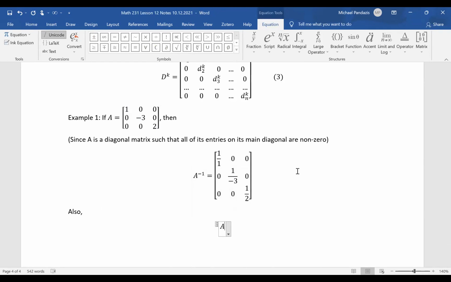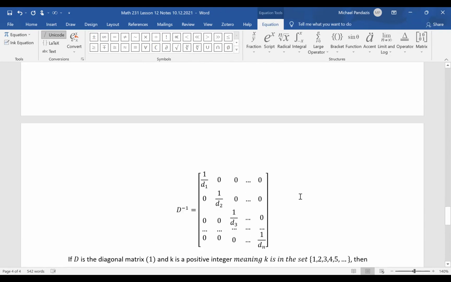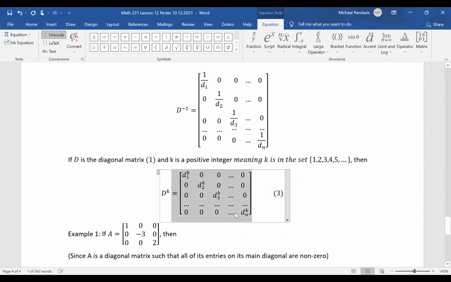Okay. Also, if you take this matrix A and raise it to the 5th power, all the entries off the main diagonal are still 0. By this formula, you're taking all the entries on the main diagonal of the original D and raising them to the kth power, where k is a positive integer.